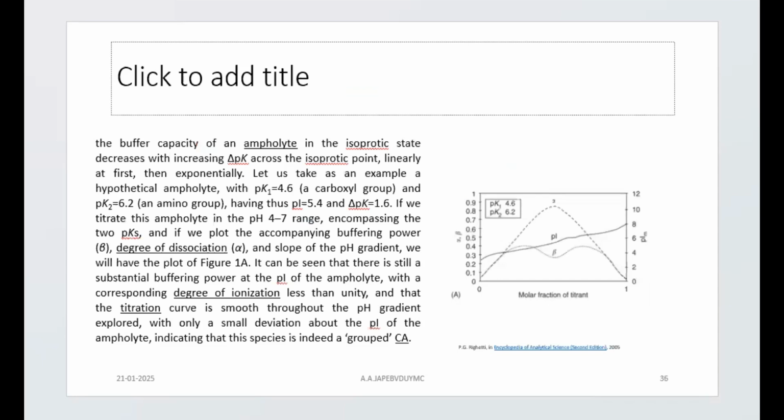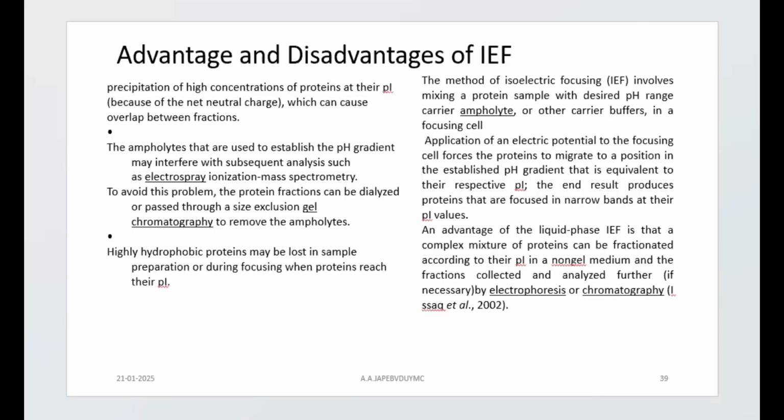Now here are some more details. Of course, I'm not going to go into these details right now. Let's talk about advantages and disadvantages of isoelectric focusing. When I talk about precipitation of high concentrations of proteins at their pI, because of the net neutral charge, there may be certain overlaps between the fractions, and you may not have efficient separation.